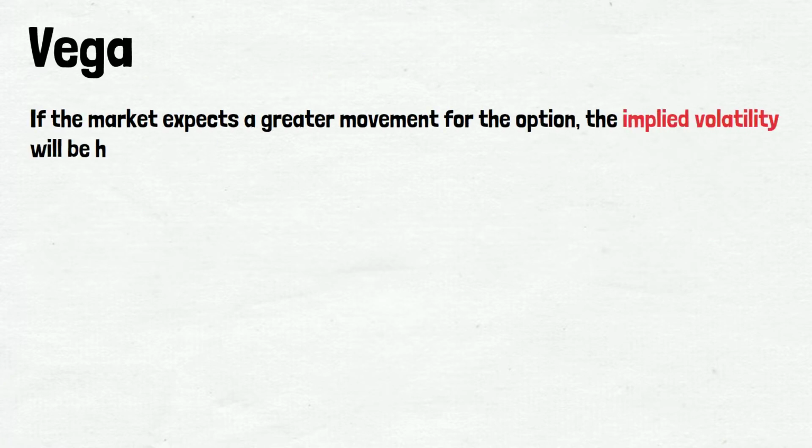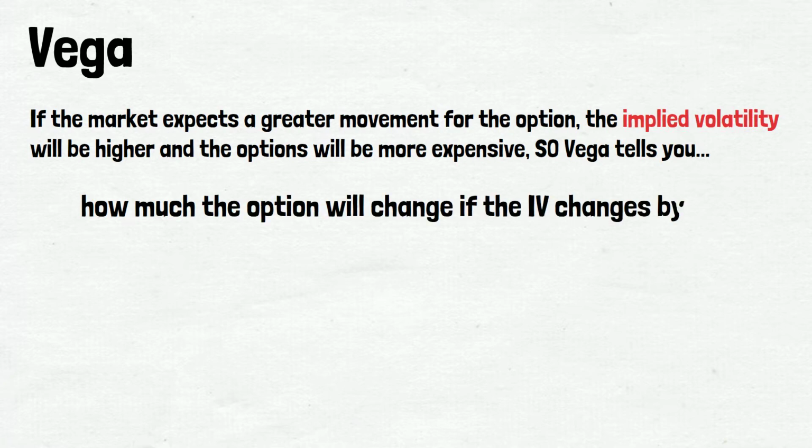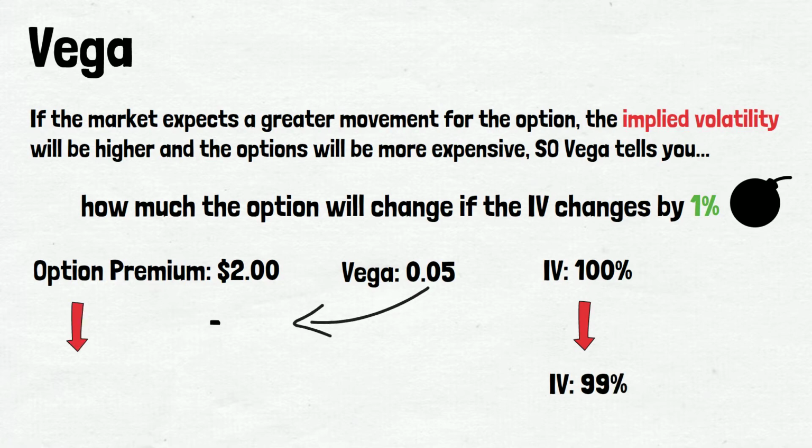Vega's domain is implied volatility. Vega tells you how much the premium may change with each 1% change in implied volatility. For an option with a Vega of 0.05, if implied volatility decreases by 1%, the premium is expected to decrease by 5 cents.